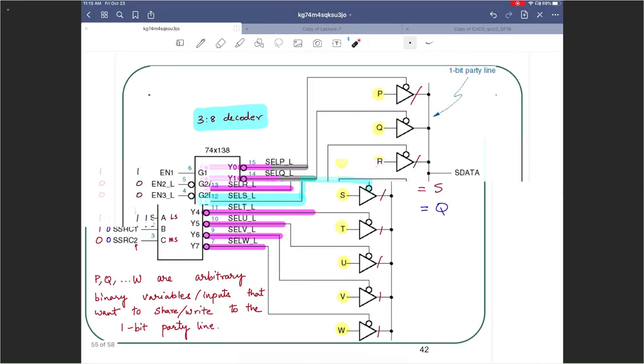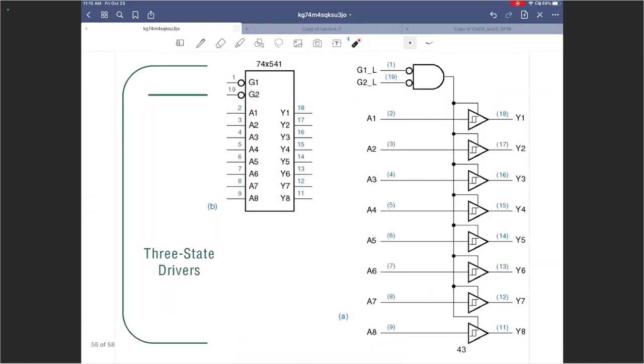All right, let's move on to tri-state drivers. Now, this is a 74X541 chip that is going to essentially buffer 8 things at once. What does it have?